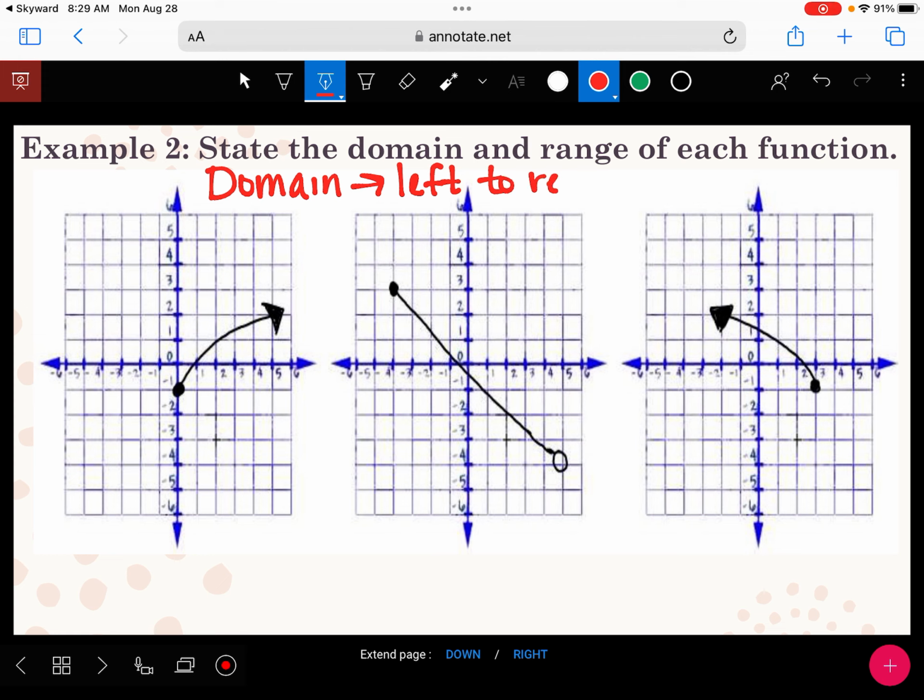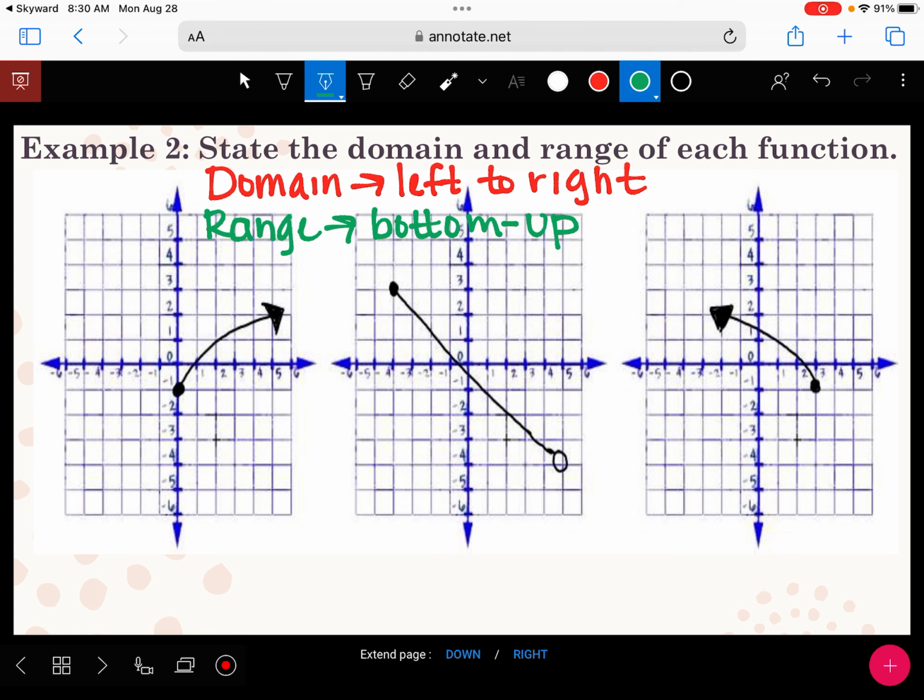When we're talking about domain, we read the graph from left to right. And for range, we read it from the bottom up. The lowest or smallest numbers for your domain are at the left.